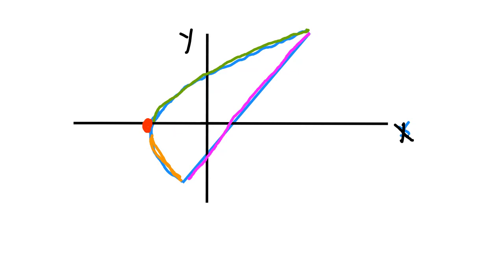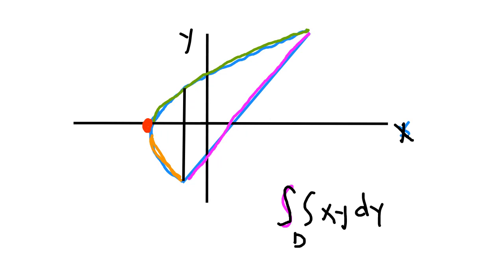Hold on here, I've just got to find the right color. What I'm saying is this: if you were to do this double integral where you're doing dy first and then dx, that's a type 1 integral.